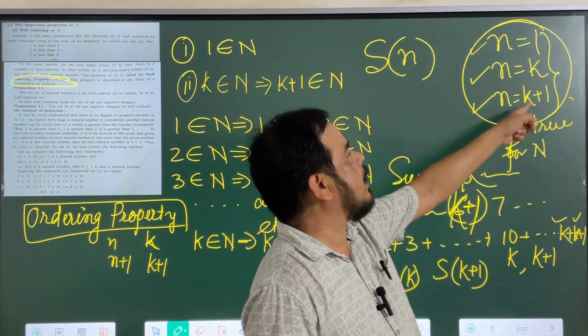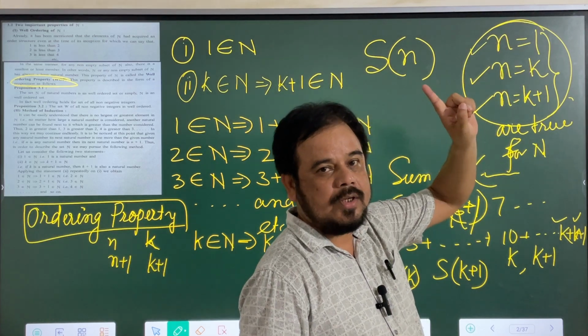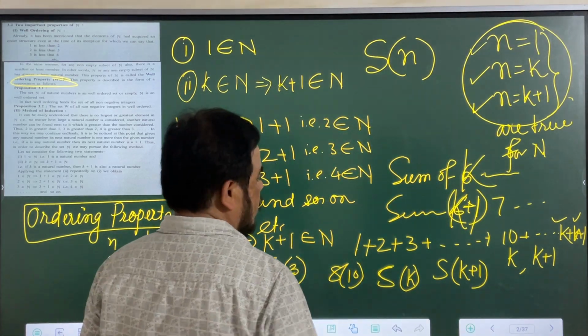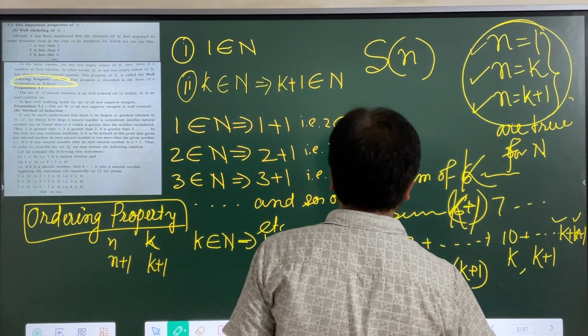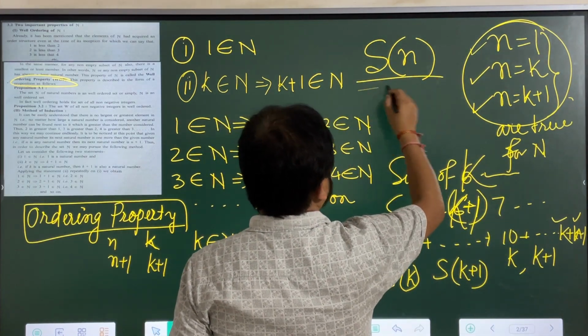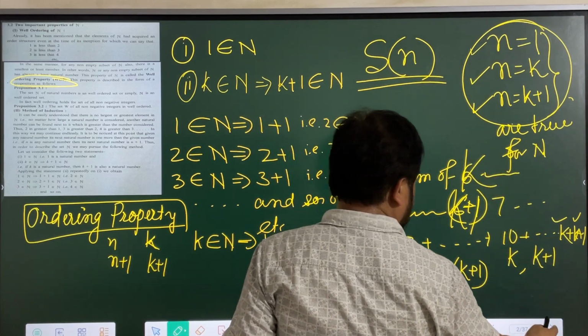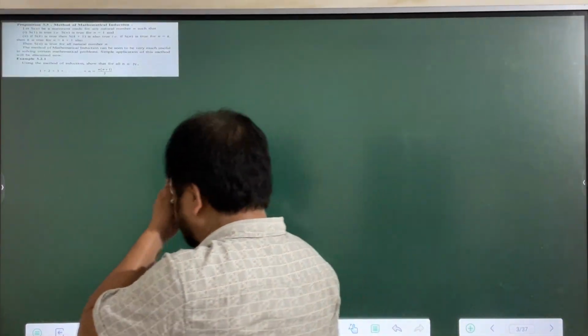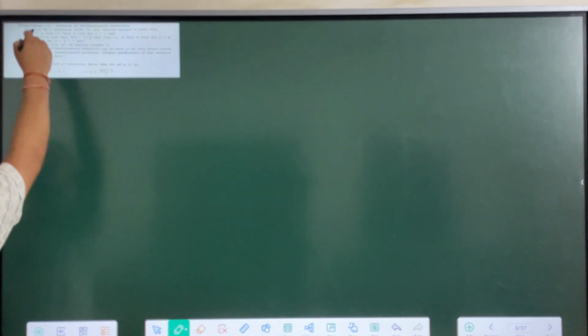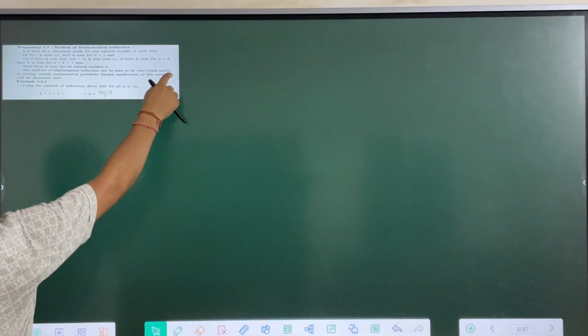So this is what we have to show. Statement of n, we will shortly say as P(n). So there is an example. Once we do this example, I hope you will understand. So here, Proposition 3.2, method of mathematical induction. This is what is given in the book.